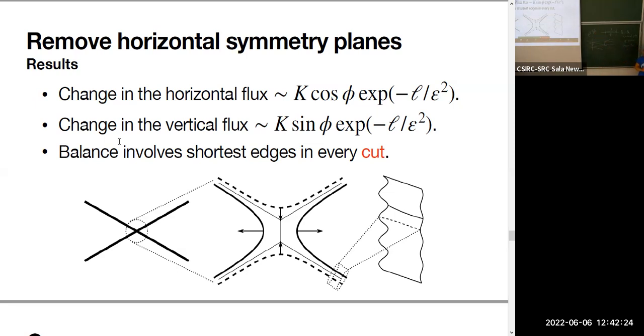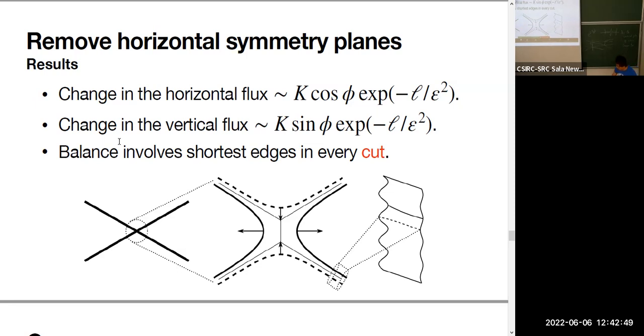This function is very special. It's called a flat function. I don't know if you heard of it. Any derivative of this function at x equals 0 is 0. So it is not analytic. It has no valid Taylor expansion. So it decreases very fast.